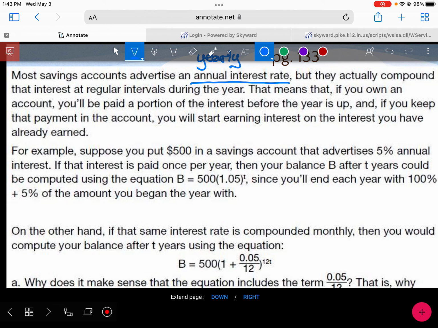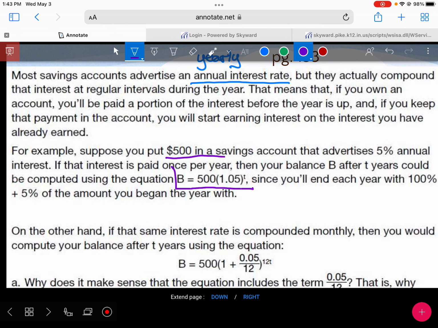Anyway, for example, suppose you put $500 in a savings account that advertises 5% annual interest. If that interest is paid once per year, then your balance B after T number of years could be computed using this equation.